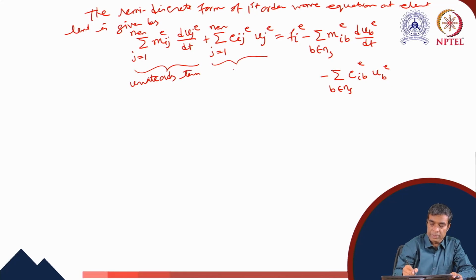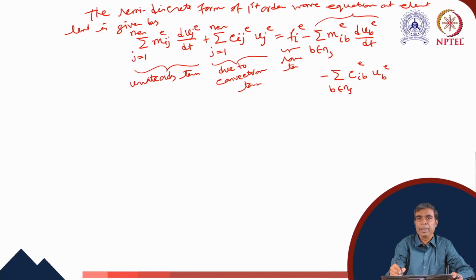The second term, this is the convection matrix contribution due to convection term. FIE, this is due to source term.